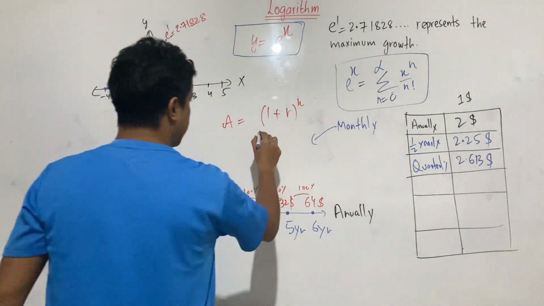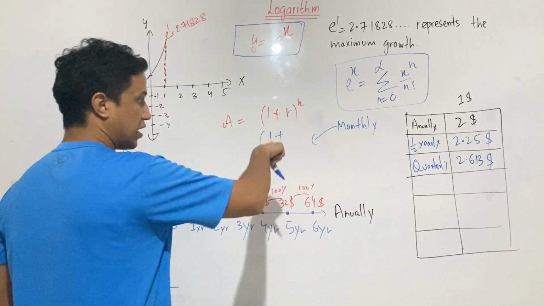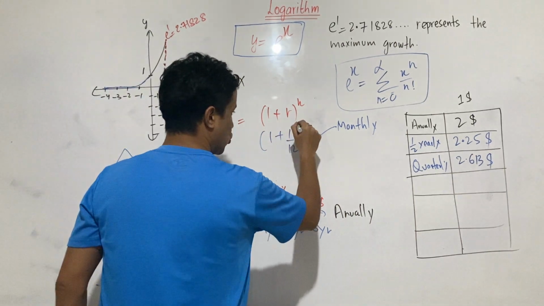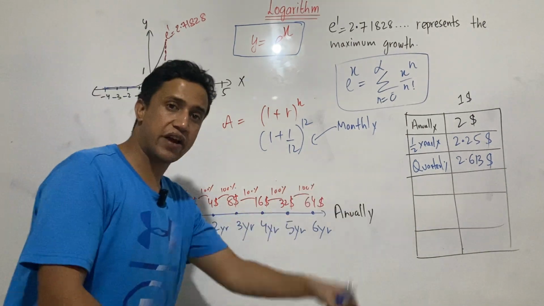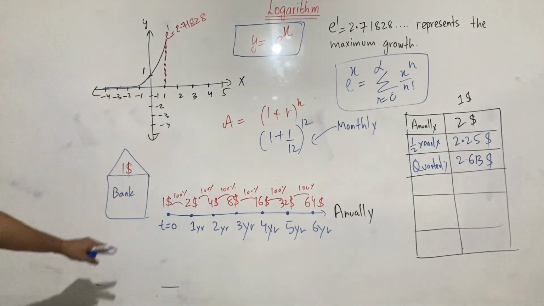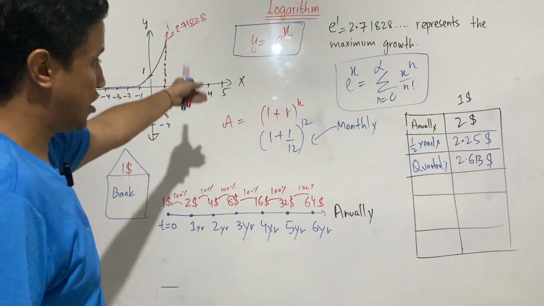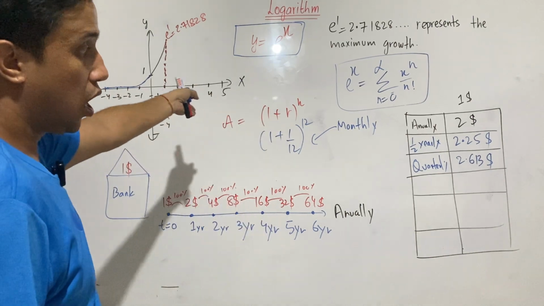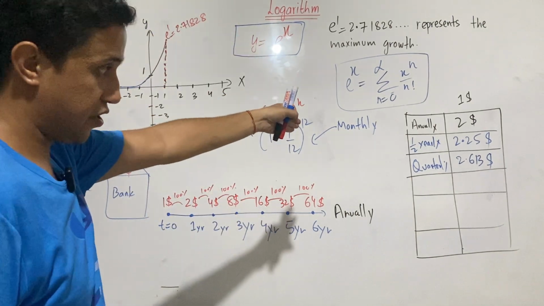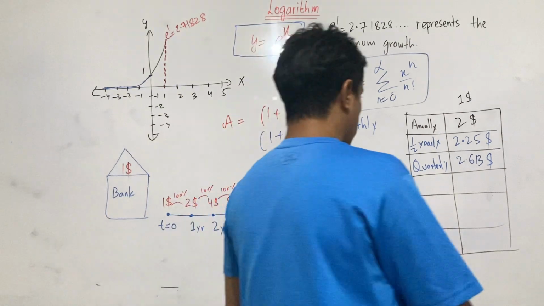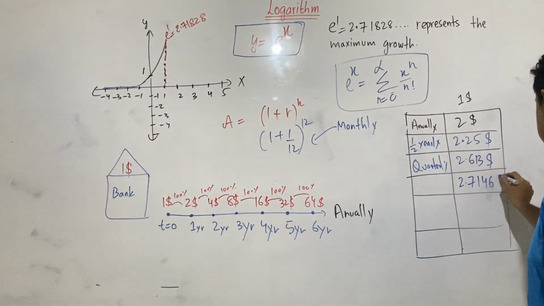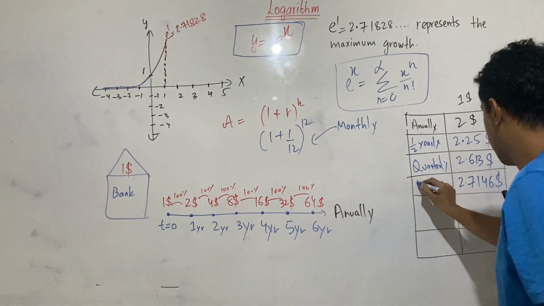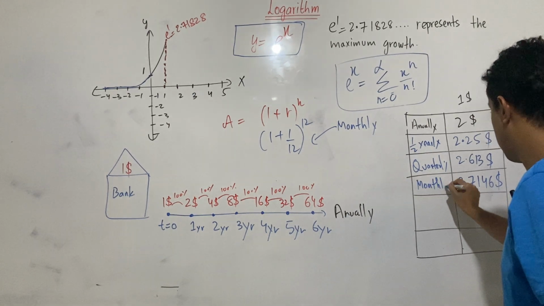For monthly, 1 plus how many months? 12, right? And here n would be 12 because they will do it every month. So if they compound it monthly, by the end of the year you will get approximately $2.7146. This is your monthly.